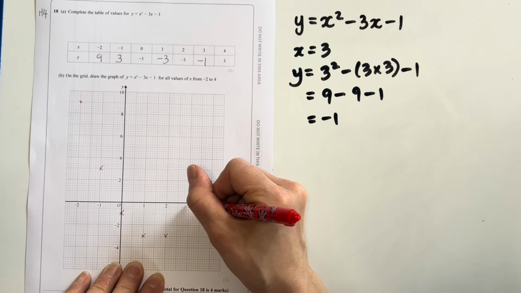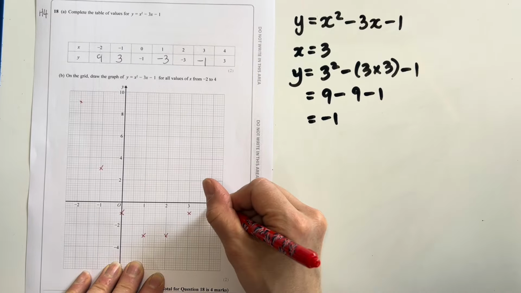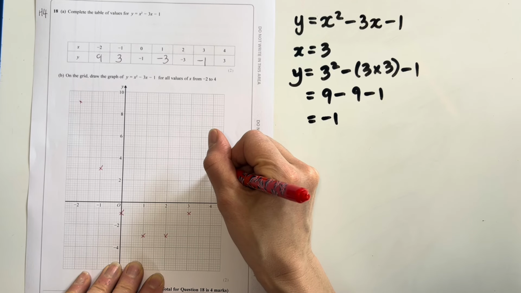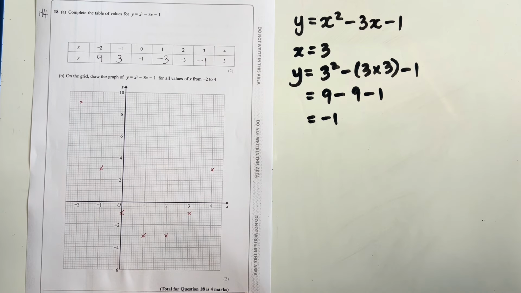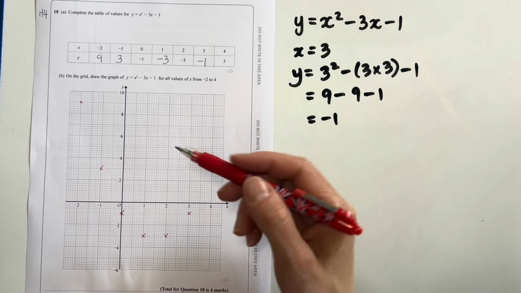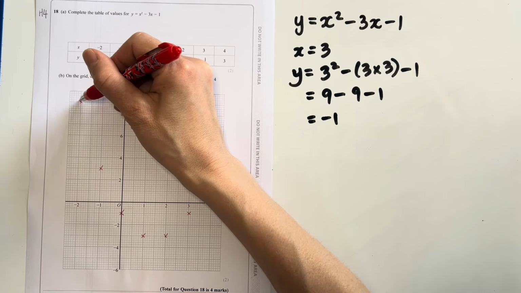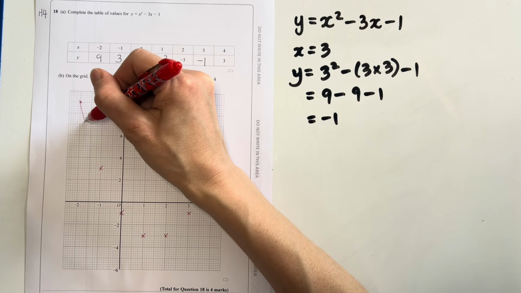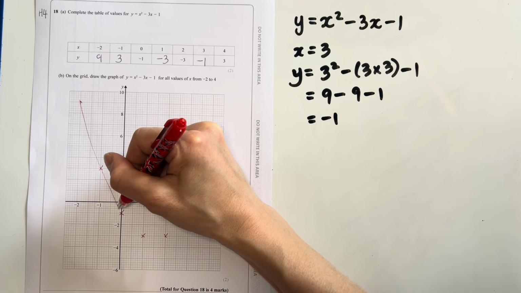X is 3 when y is negative 1. And finally, x is 4 when y is 3. And you can see we've got that nice quadratic going on, which we're going to draw the line so it's try to be a smooth curve.